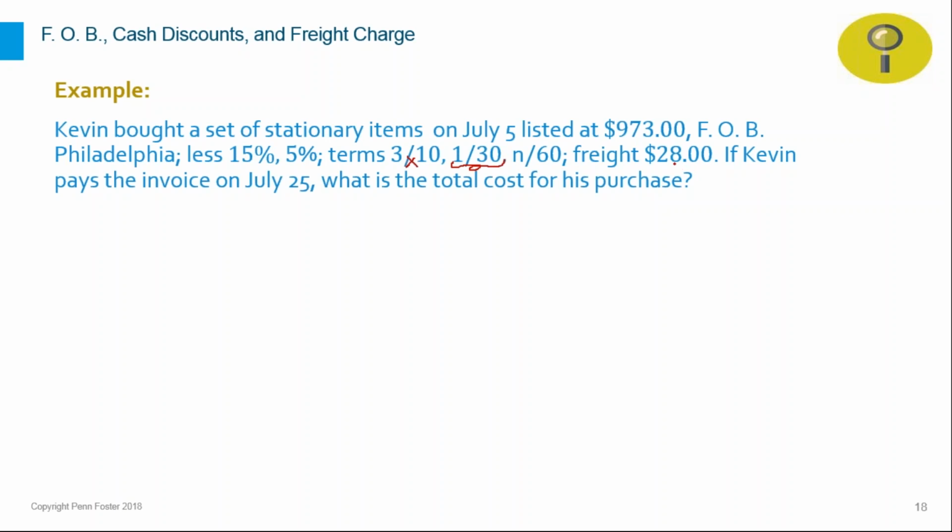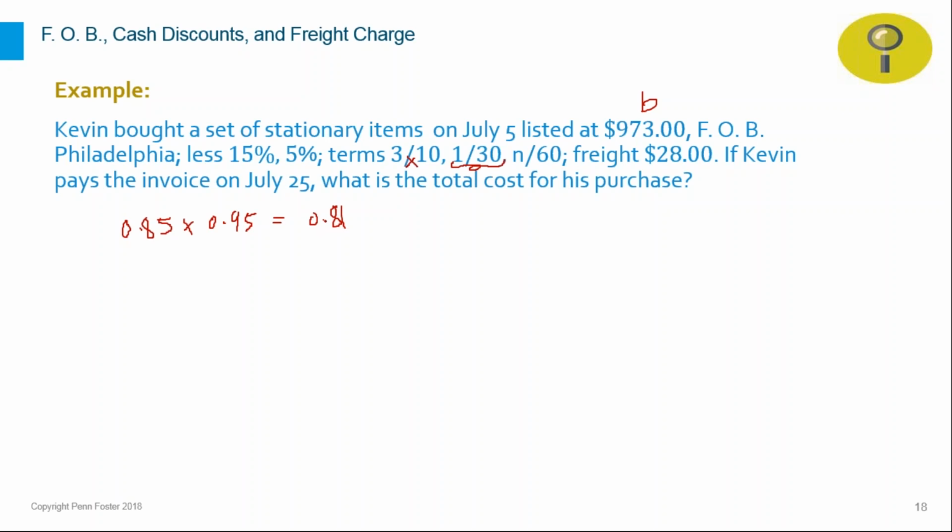So let's translate that into the math. B is the $973. We can combine these discount series like before. So we can do 0.85, the complement of 15%, times 0.95, the complement of the 5%. Multiply, and that will give you 0.81.